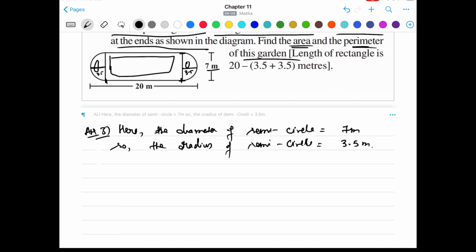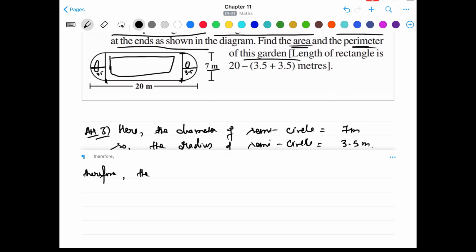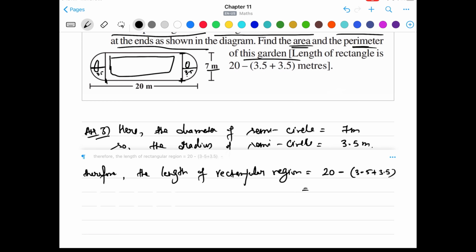Therefore, the length of rectangular region will be, the total length is 20 meter, and we subtract 3.5 plus 3.5, so that is 20 minus 7, equal to 13 meter.